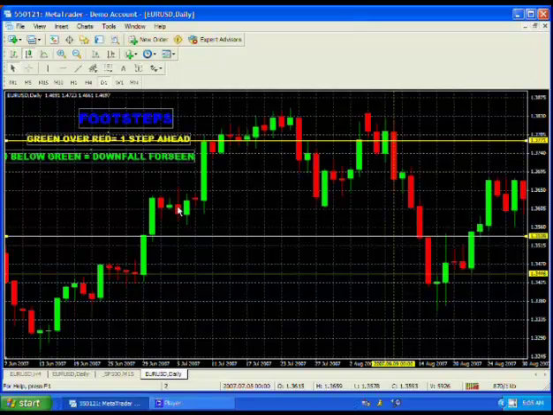strengthens the support on the way down and increases the likelihood that price is going to bounce off of this spring. Because once we put baby inside of mother and we put baby inside of father, when we do our spatial analysis, these three bars, 1, 2, and 3, they all equal one support bar for price to bounce off of on the way down.